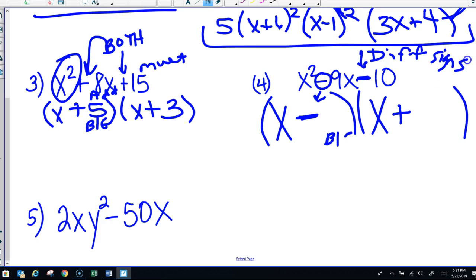The big number goes with the sign of the middle term. We still need to multiply to get 10, but now for different signs you want them to subtract to be a 9. So 10 times 1 is 10, and 10 minus 1 is 9, and the biggest number gets the negative, so negative 10 plus 1 would be negative 9, and so that would be your factored form there.